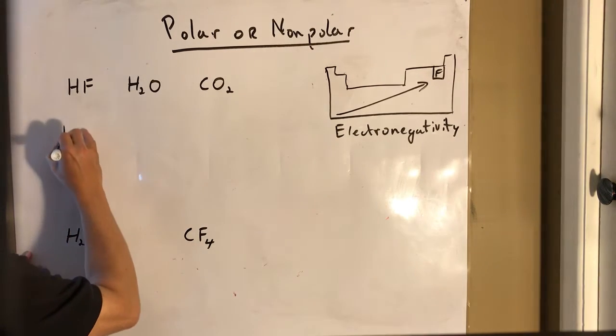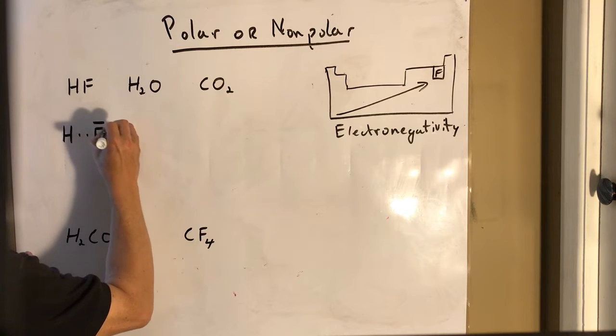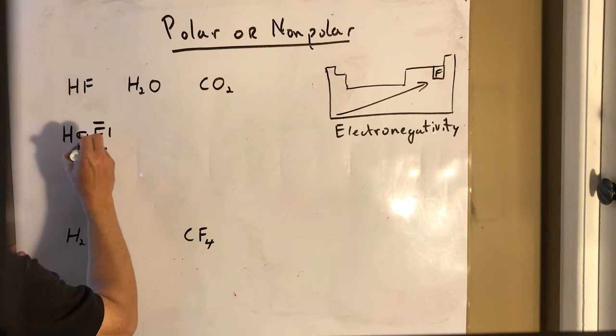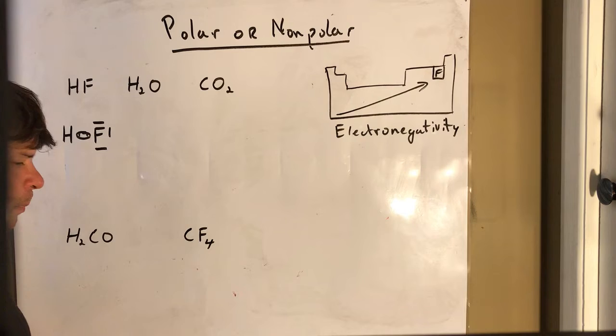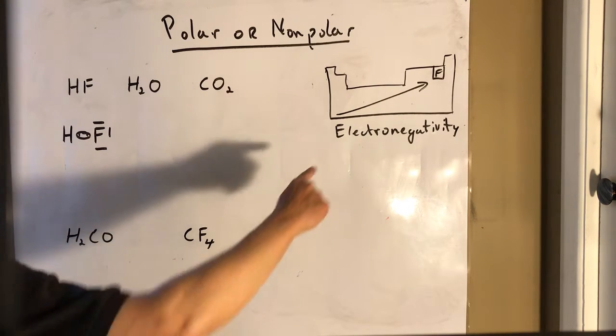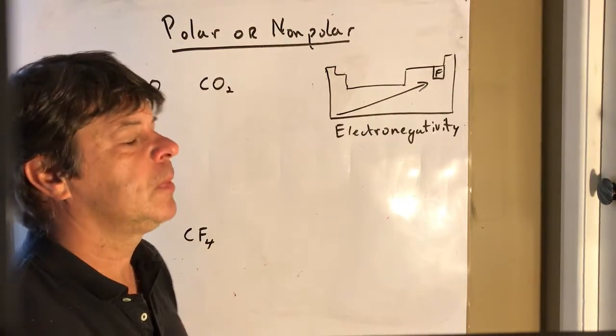So the Lewis dot structure looks like this. We have a covalent bond there, okay? So what do we know about fluorine? Well, fluorine is the most electronegative element. What's that mean?